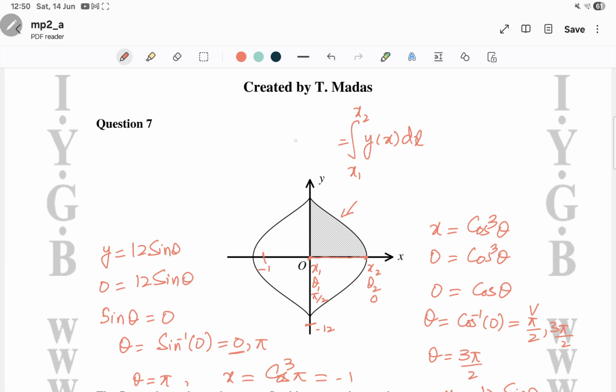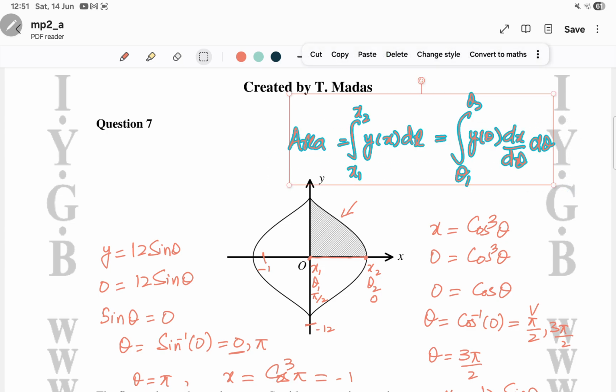This should be the formula for the area under the curve. So we can replace this with theta for the parametric integration, so it will be theta 1 to theta 2 of y of theta, and since you have dx, you can apply the chain rule to write dx over d theta times d theta. So we will use this formula to work out the area of the shaded region.